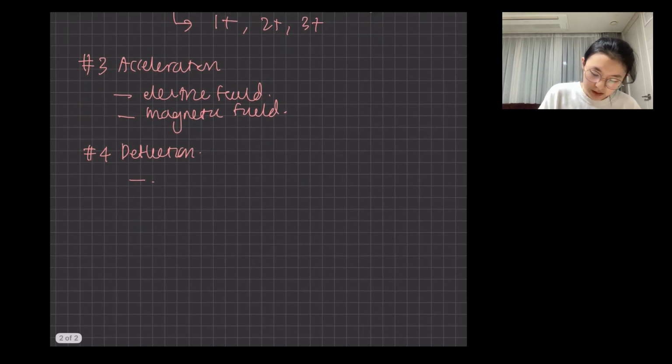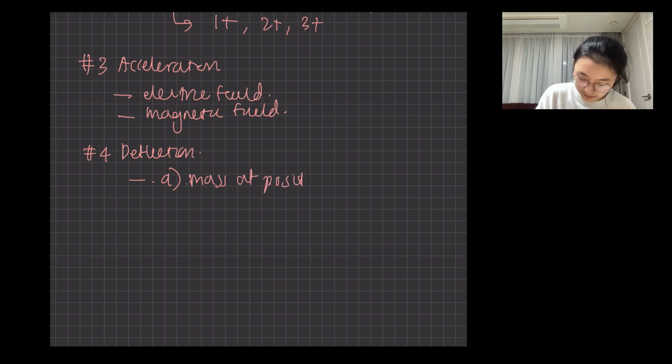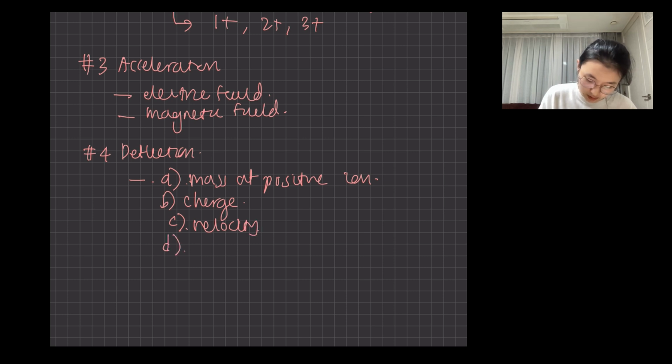Now, deflection is basically these accelerated ions being deflected into the magnetic field. And the amount of deflection really depends on a couple of things. Essentially, the amount of deflection is going to depend on the mass of the positive ion and the charge, as well as the velocity, and also the strength of the magnetic field.